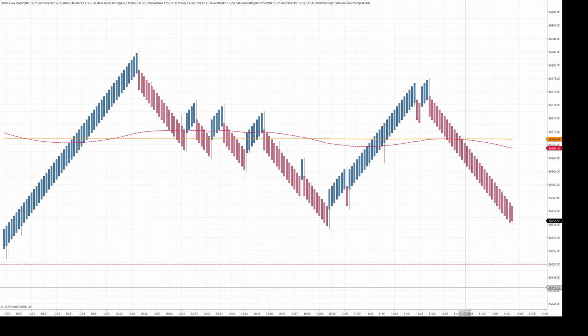Okay, our next potential trade is if it comes back down to 215, we take the bounce back up.